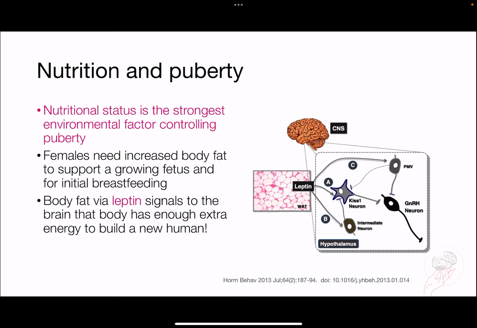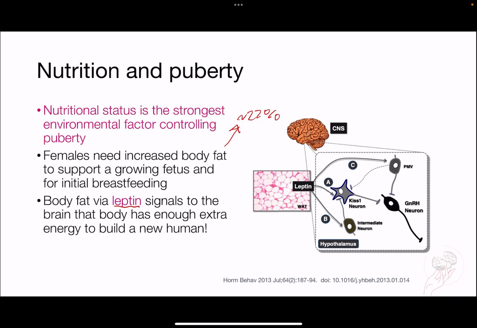So let's look specifically at nutrition now. Nutritional status is the strongest environmental factor controlling puberty. Females, like I mentioned, need increased body fat, about 22%, to support a growing fetus and for initial breastfeeding. For body fat, it's going to signal how much body fat is available through leptin.